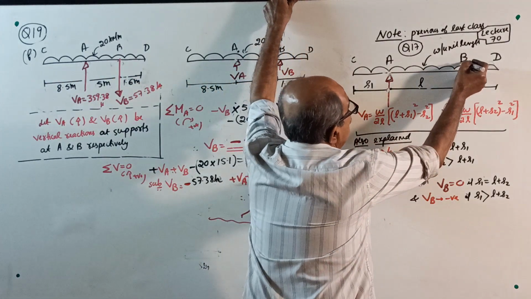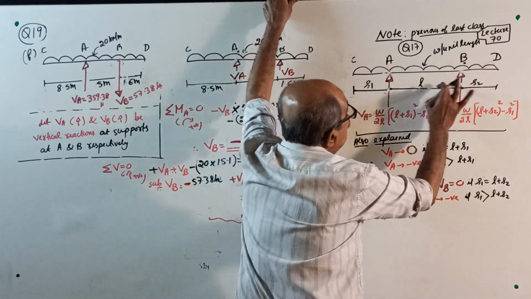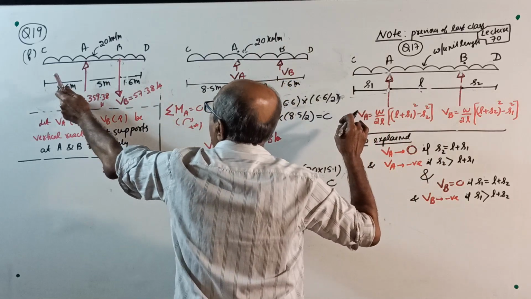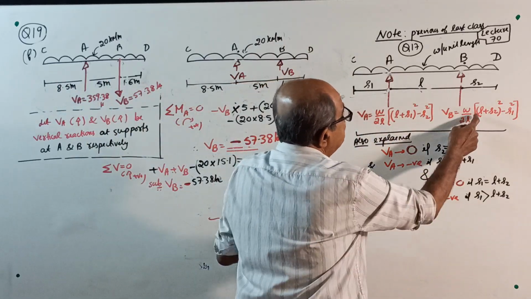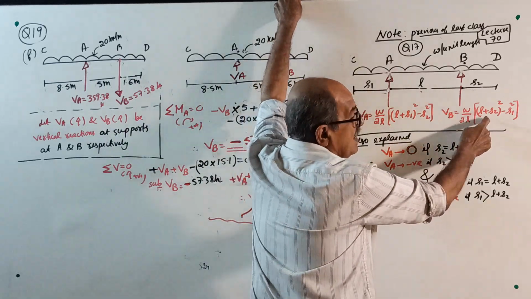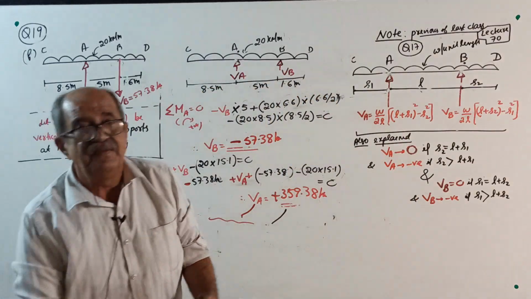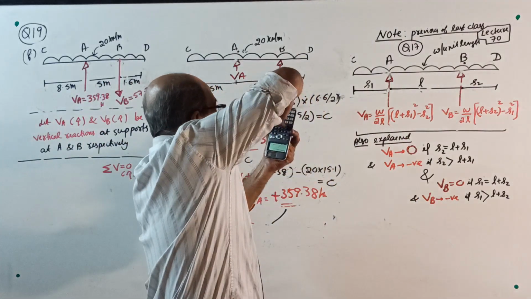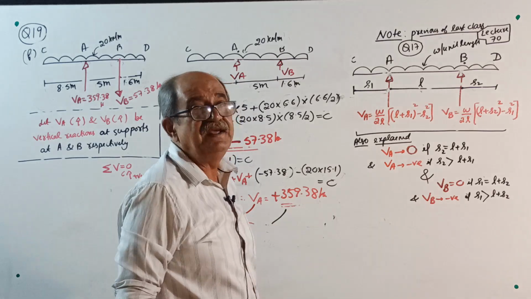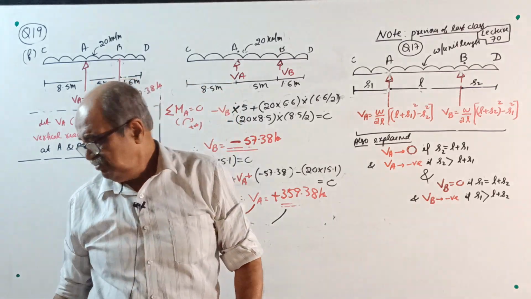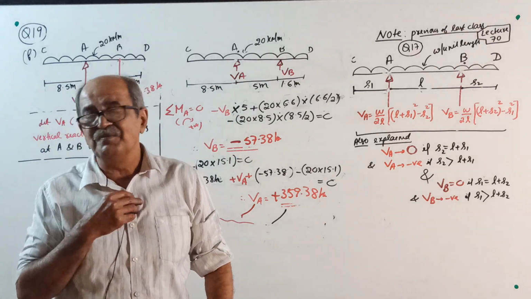I told you VB will be negative if this overhang is more than the sum of these two, correct? 8.5 is more than 6.6. And if you want, substitute in this equation, your VB will come negative. Plus 359.38 kilonewton, perfectly tallying. Okay, now, just for fun I did it, because I know the answer will come.